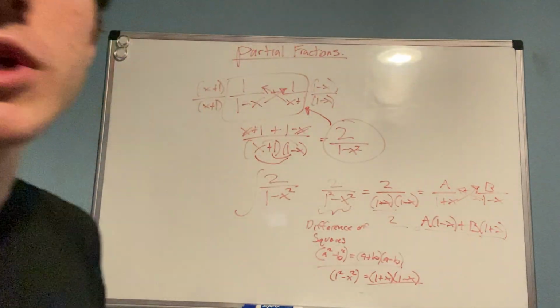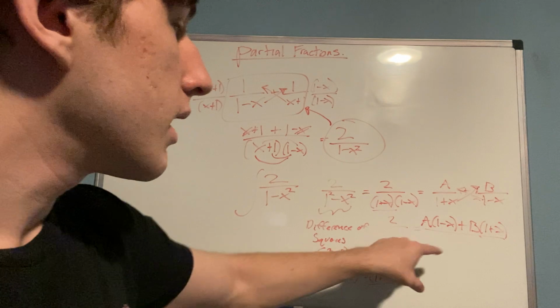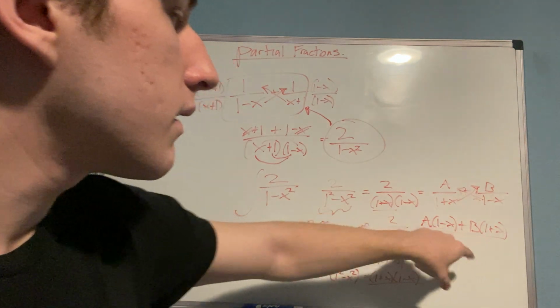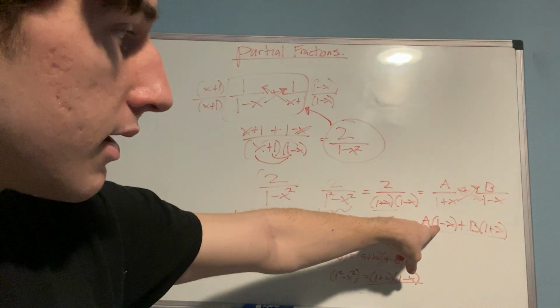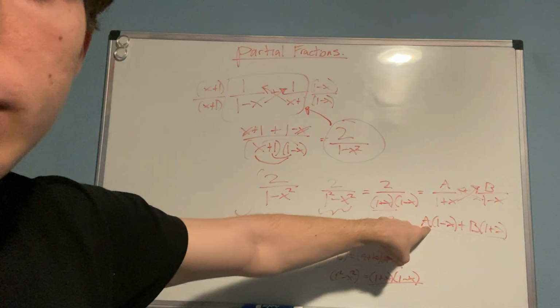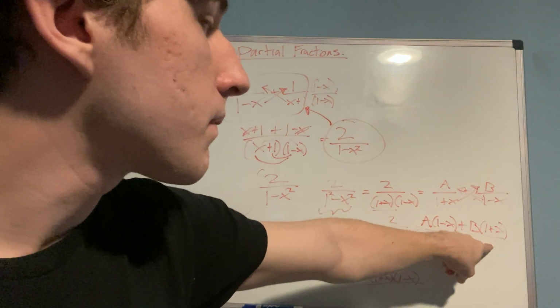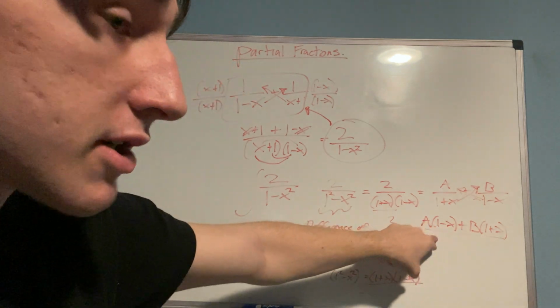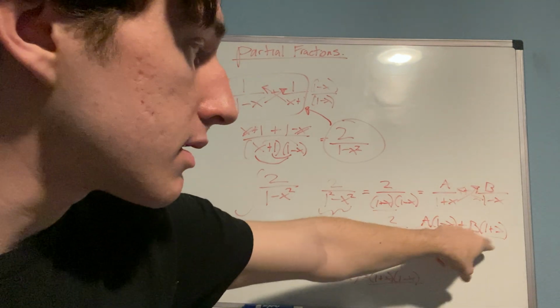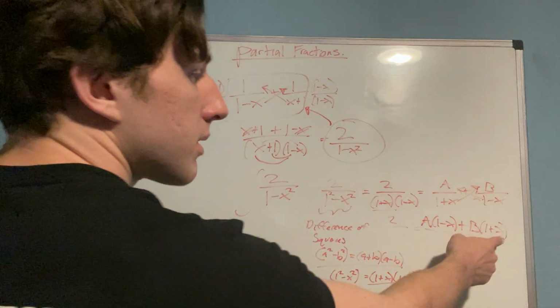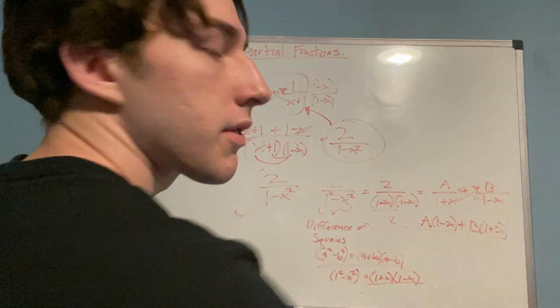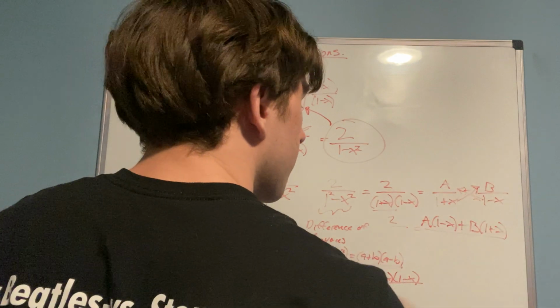The easiest way to work out a system of equations is this: if you wanted to solve for b, you would try to eliminate a. If you were to solve for a, you would try to eliminate b. So if you want to solve for a and eliminate b, you plug in an x value so this whole thing goes to 0. What x value can I plug in there?